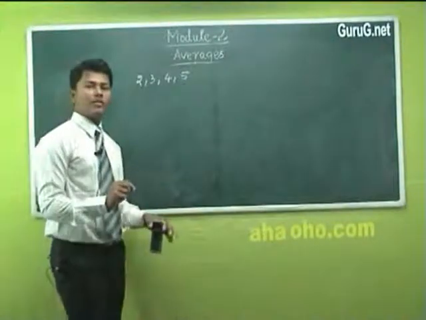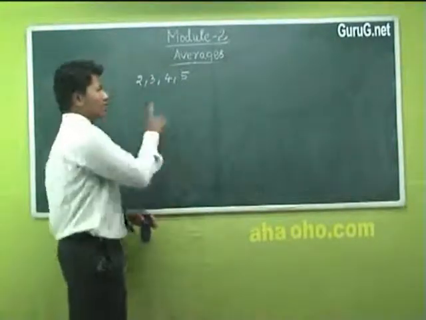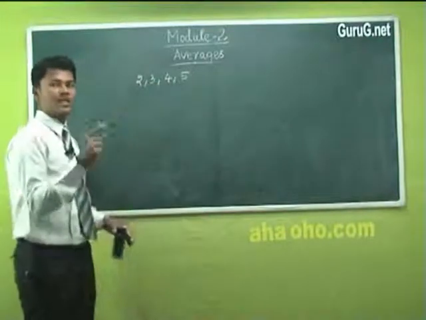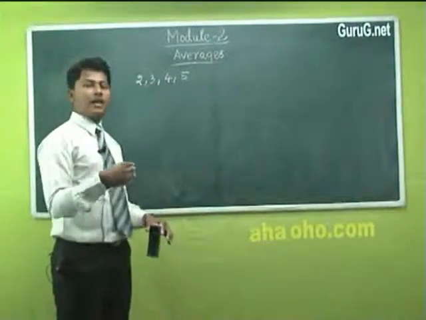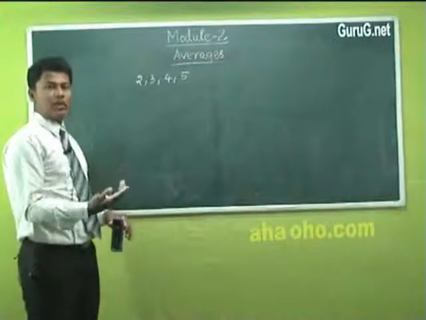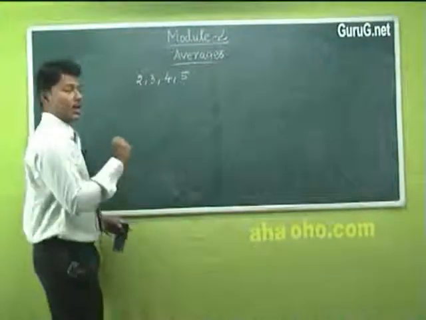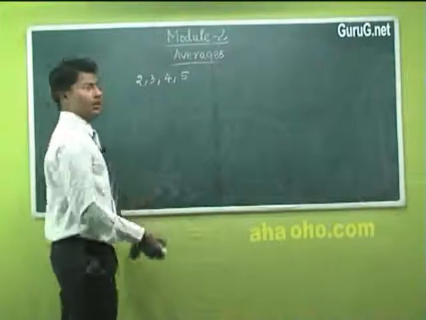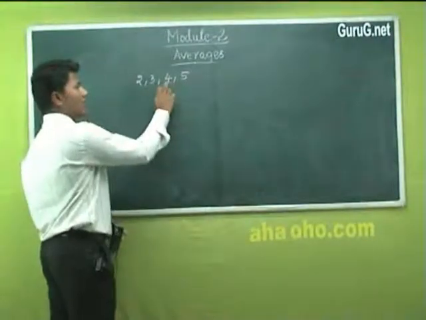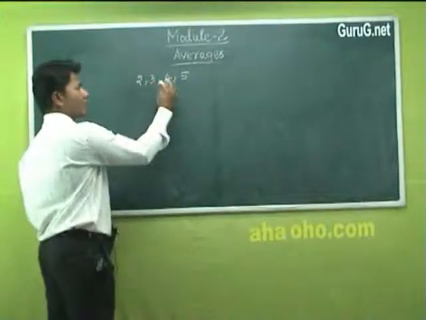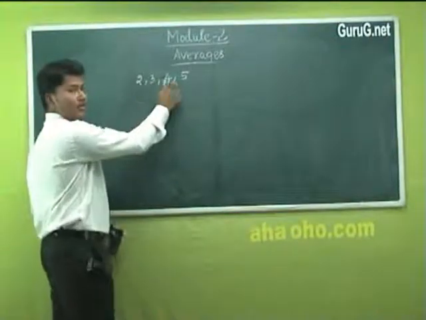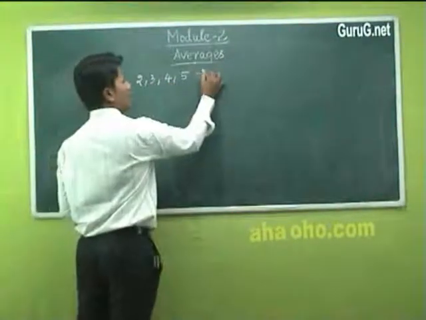If the number of elements is even, say 4, 6, 8, 10, then the arithmetic mean or the average will be nothing but the average of the middle two elements, that is 3 and 4. So 3 plus 4 is 7. 7 divided by 2 will be 3.5.